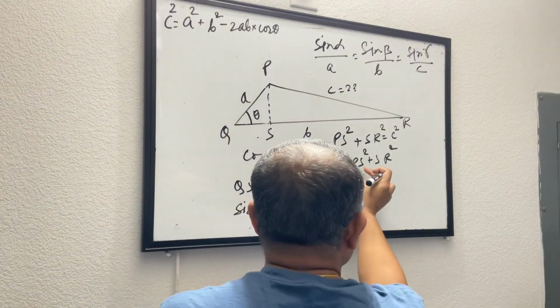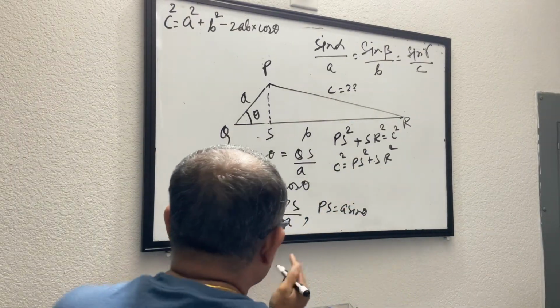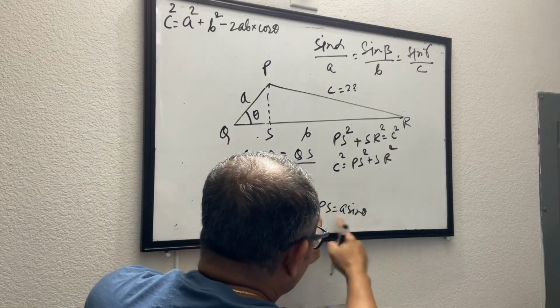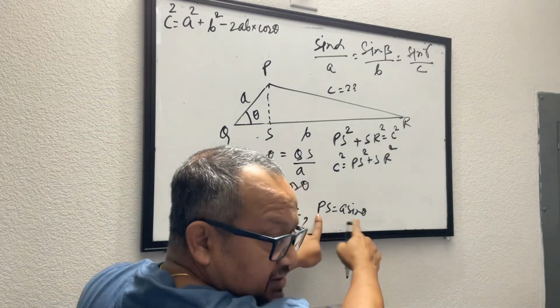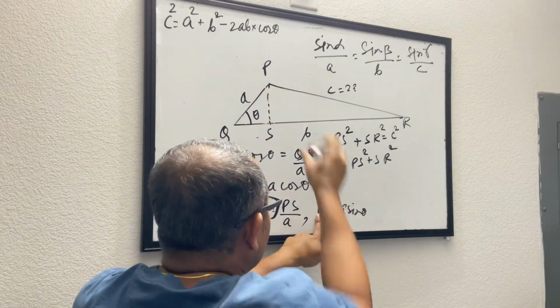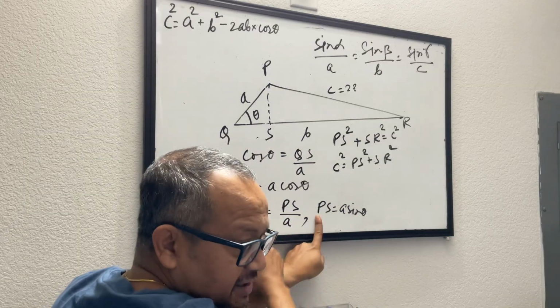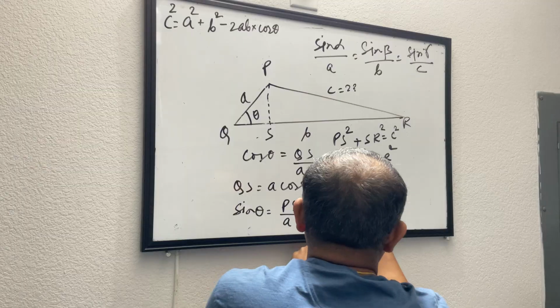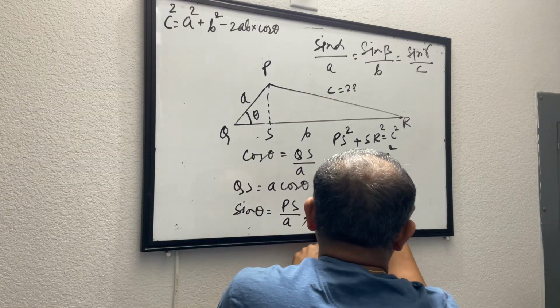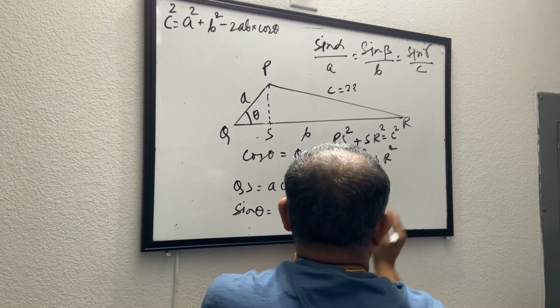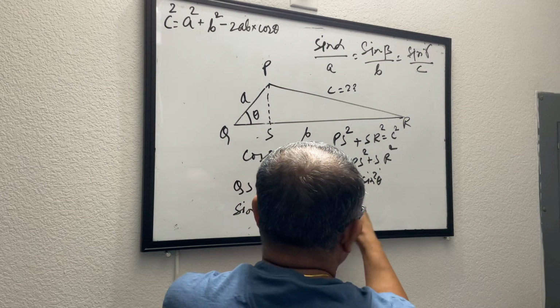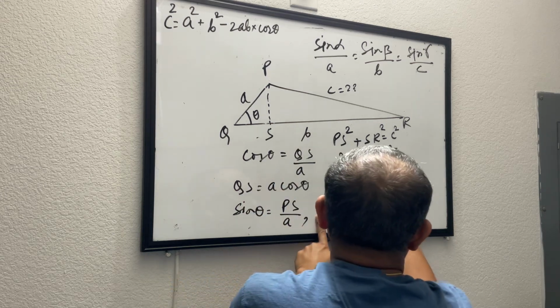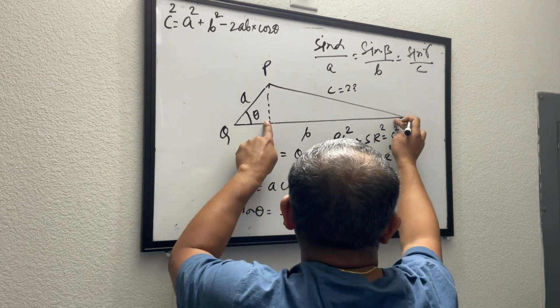Now what is PS square? From this we found PS equals A sine theta. So PS square will be equal to A square sine square theta. So C square equals A square sine square theta plus SR square.